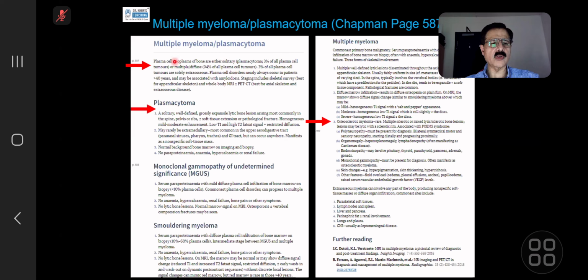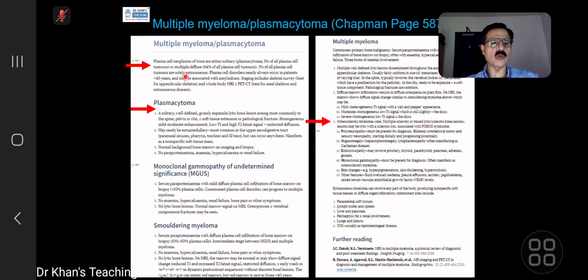Now, look at this. I'm just going to read this for you. Plasma cell neoplasms of bone are either solitary plasmacytomas, 3% of all plasma cell tumors, or multiple and diffuse, 94%. Another 3% of all plasma cell tumors are solely extraosseous.